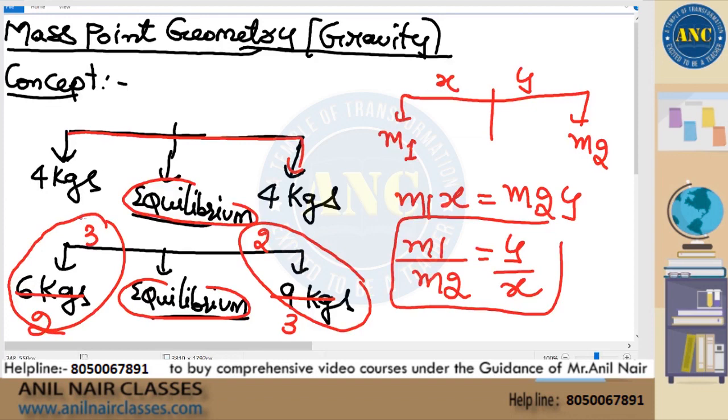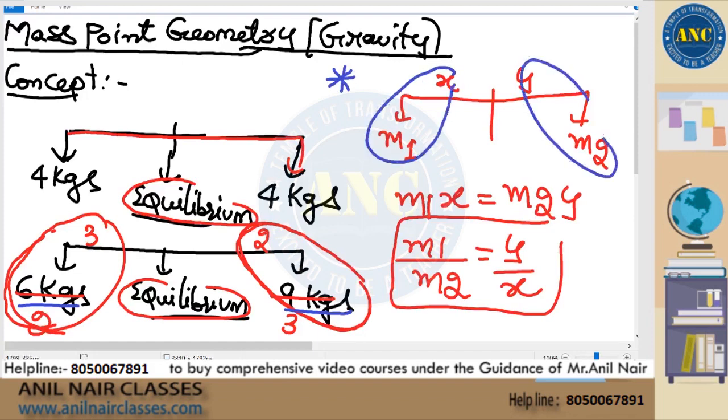So on the left hand side I keep 3 quantities of 6 kgs, and on the right hand side 2 quantities of 9 kgs. The first conclusion I have drawn is that 3 2s are 6, 3 3s are 9, but the number of quantities are 3 and 2. So the first concept in mass point geometry is m1x equals m2y. This and this both should be equal, then only it will be an equilibrium state.